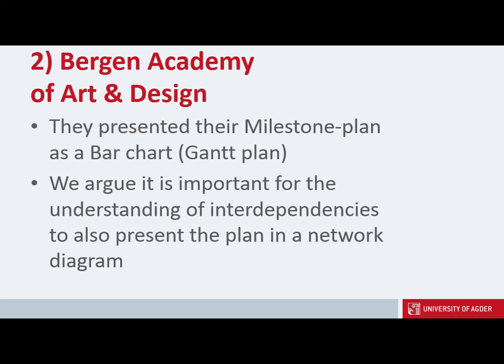They presented their milestone plan as a bar chart. And we argue in the paper that visualization is important, so I think it's much better to have a network diagram to illustrate the interdependencies.